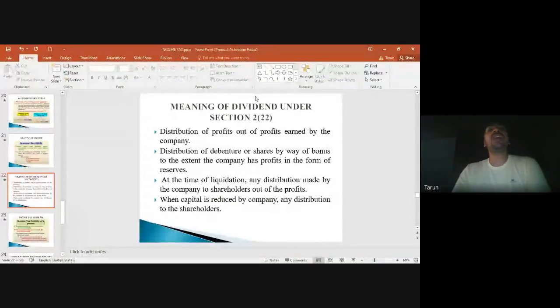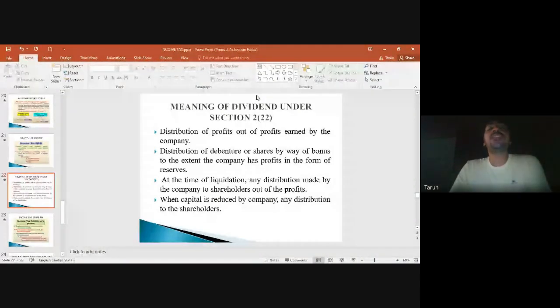It is the meaning of dividend under section 2, subsection 22, right? So distribution of profit. If any profit earned by the company has been distributed, it's dividend.